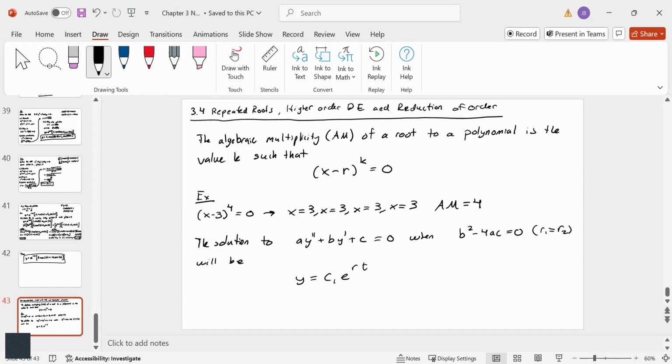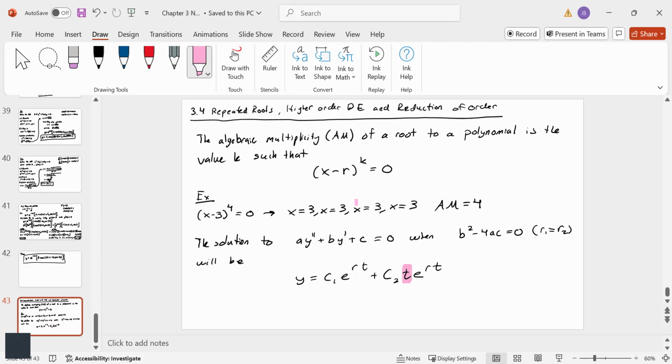So far, that looks just like real distinct roots. However, it's the second part that's a little bit different. It's going to be c2 t e^(rt). So notice that there's this extra t variable right here. And if you're wondering where that comes from, it comes from the fact that without it, we would have linearly dependent solutions.